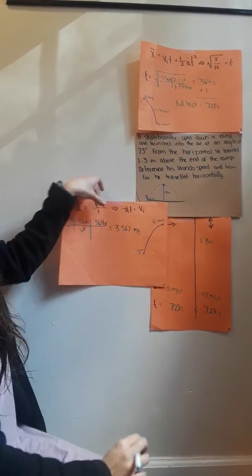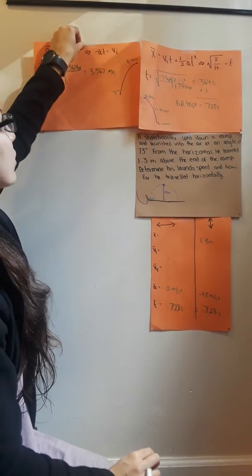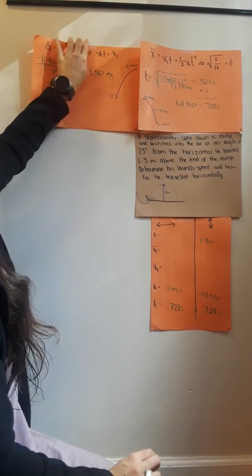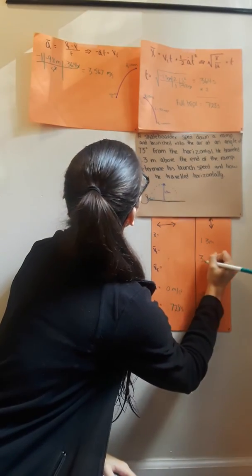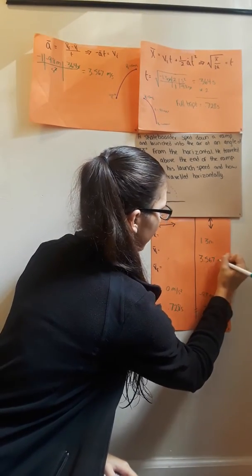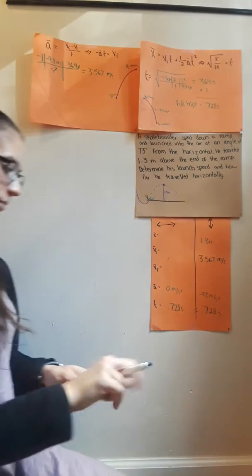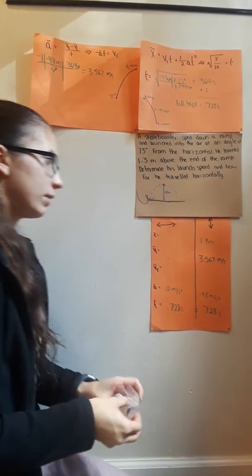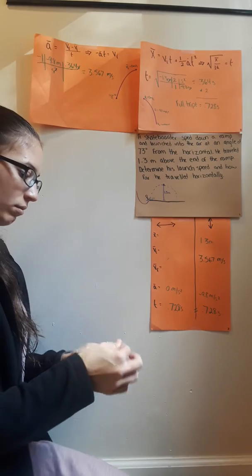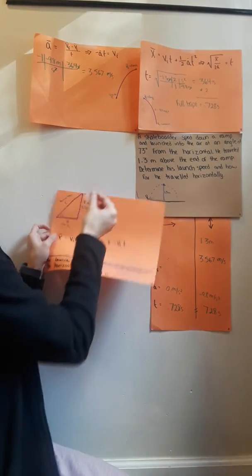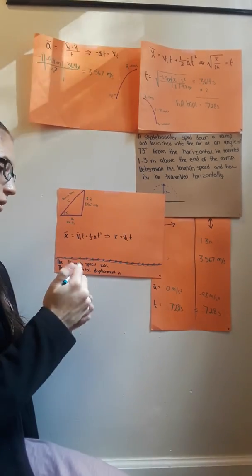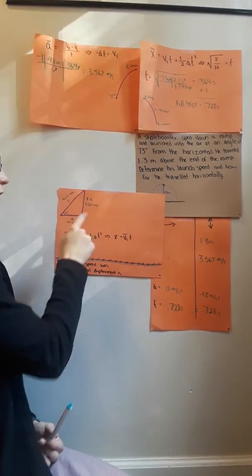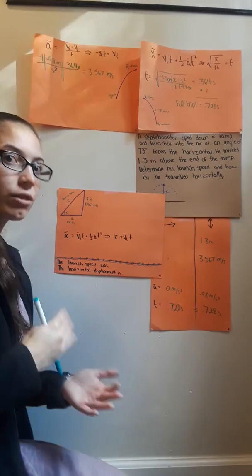Okay, so that's our next part. So we now know our velocity initial for vertical is 3.567 meters per second. Now that we know all this, we can use SOHCAHTOA. So just looking at our triangle, this is for our initial velocities only.